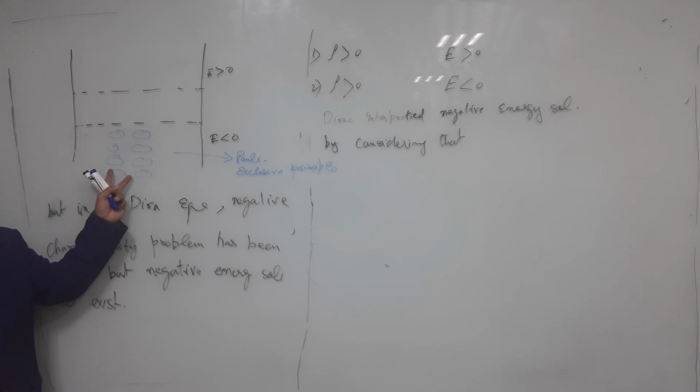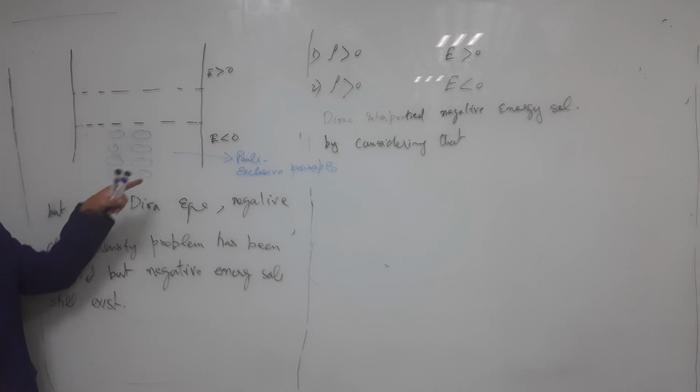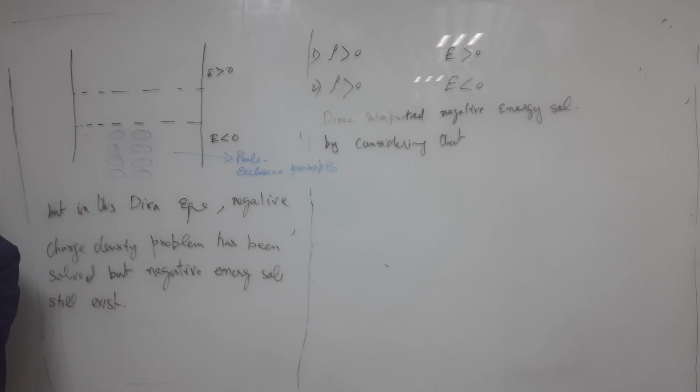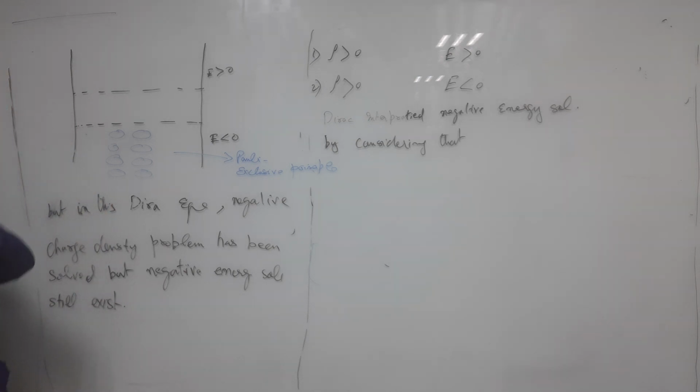If this sea is filled, no electron may enter into it. Because if they don't follow the Pauli exclusion principle, the electron will fall and fall and fall.